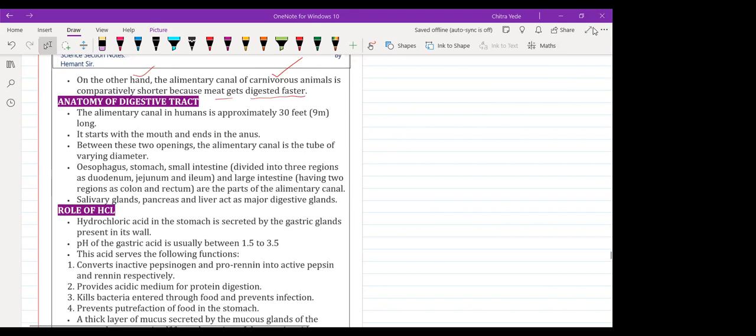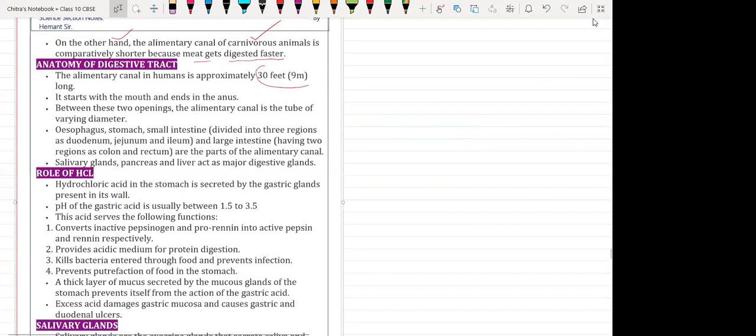The alimentary canal in humans is approximately 30 feet, which means 9 meters long. It starts with the mouth and ends with the anus. If the digestive tract has two openings, one mouth and another anus, then it is called a complete digestive system.